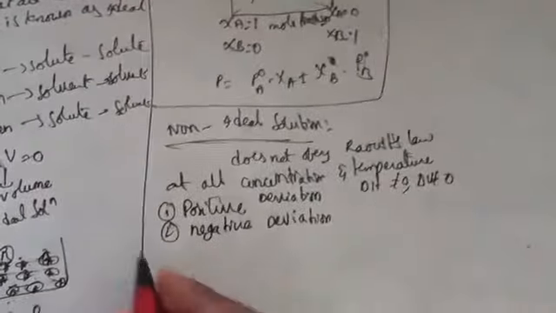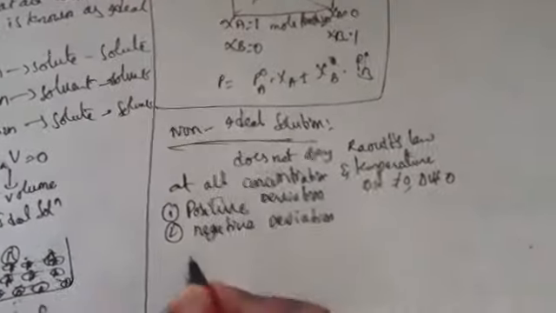If delta H is greater than 0 and delta V is greater than 0, we call it positive deviation, because here heat is absorbed. If delta H is less than 0 and delta V is less than 0, heat is released, so we call it negative deviation.